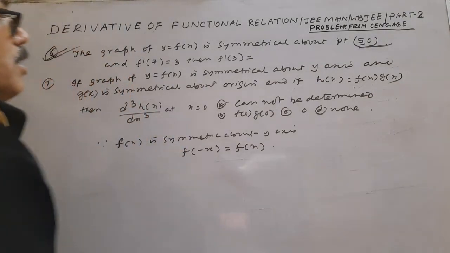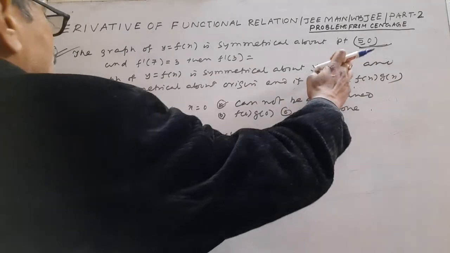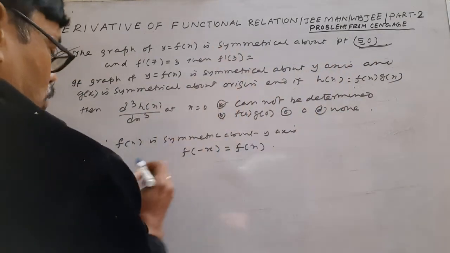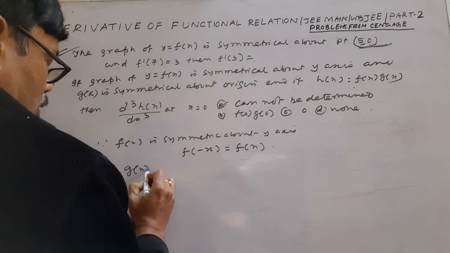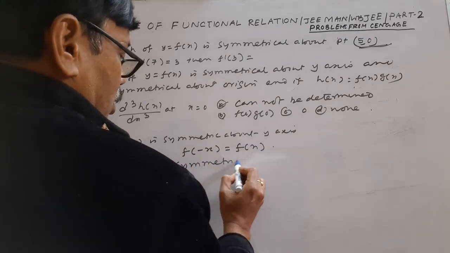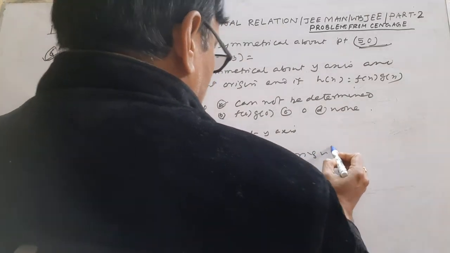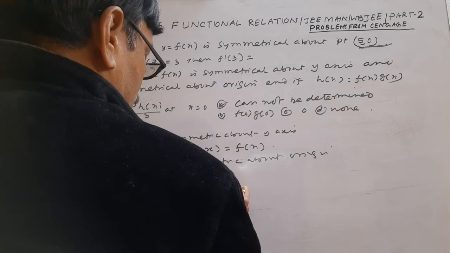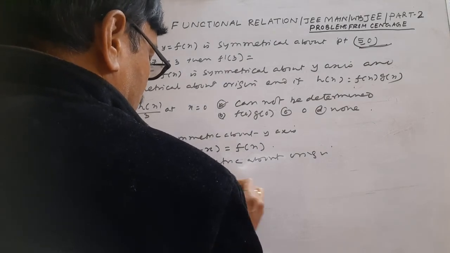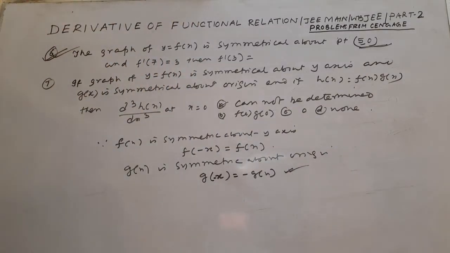It is an even function. And g(x) is symmetric about the origin. We have already discussed it. So g(x) is an odd function: g(minus x) equals minus g(x). So these are our two conditions.